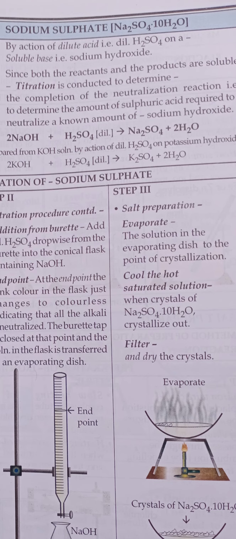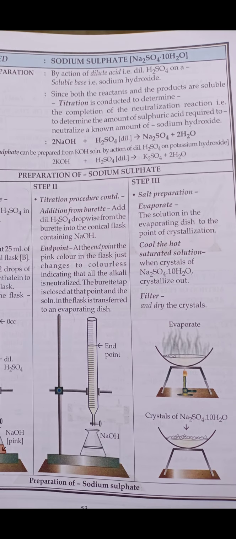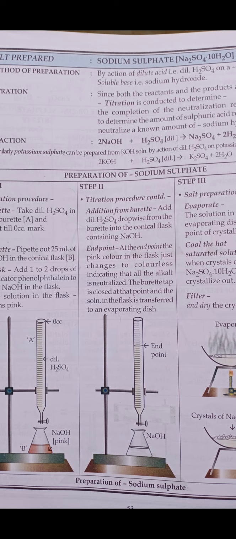In this reaction, 2NaOH plus H2SO4 gives Na2SO4 plus 2H2O. Using the same titration method, potassium sulfate can similarly be prepared. You can treat the base, 2KOH plus H2SO4, which gives K2SO4 plus 2H2O.